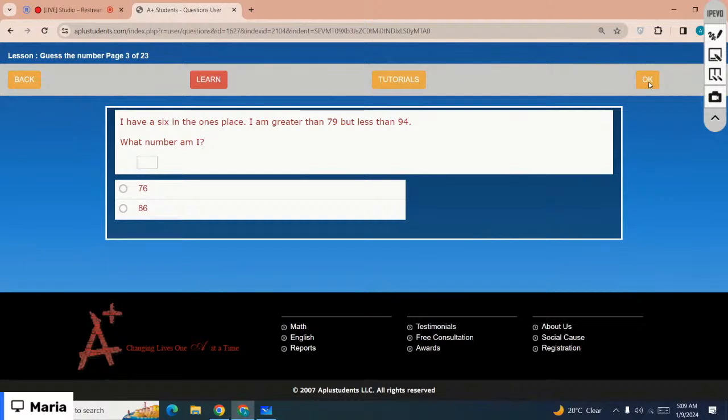Very good, that is 86. Why not 76? Because in the question you are given I am greater than 79. Got it? So the number that is greater than 79 is 86. Very good.